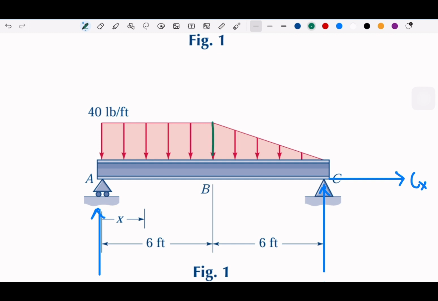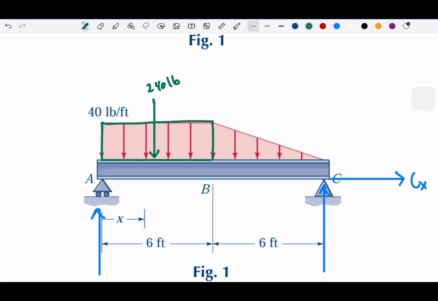So for the rectangle, the height will be 40 and the base will be 6. The force acts in the middle, and multiplying 40 by 6 gives 240 as the concentrated force on the rectangle.